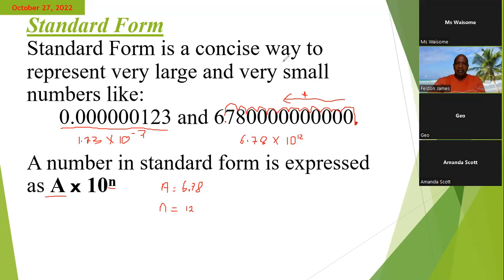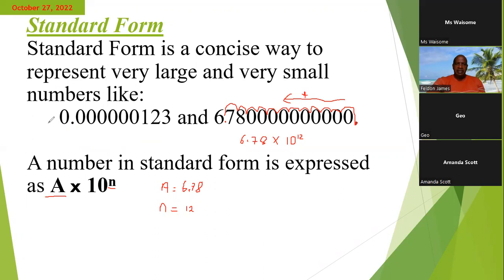All right. Let me walk it through for the benefit of those who might not be sure how we arrive at that. So following the procedure that we just followed for the other number, the first thing we want to do is to find a value for A. And in order to find a value for A, you place the point after the first non-zero digit from the left of the number.